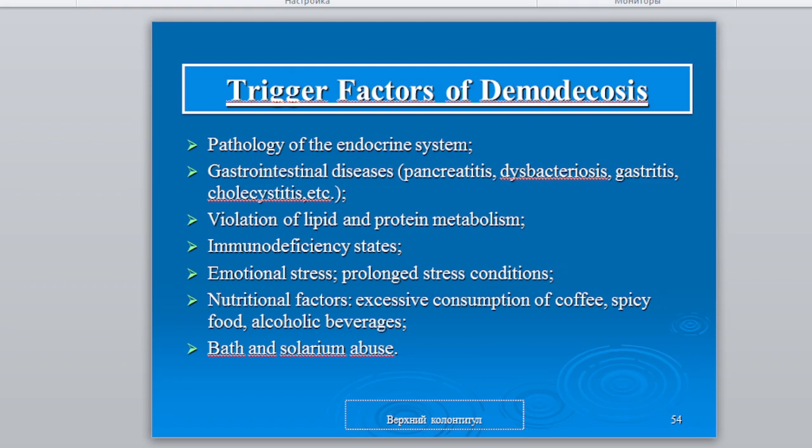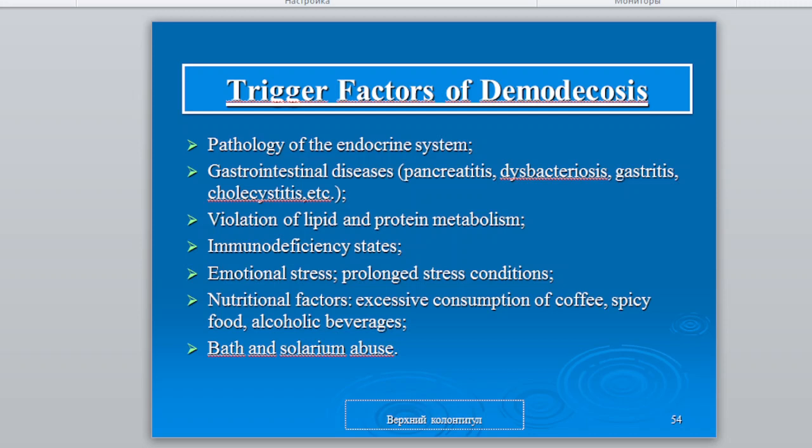Next, trigger factors of demodicosis. Pathology of the endocrine system. Gastrointestinal diseases: pancreatitis, dysbacteriosis, gastritis, cholecystitis, etc. Violation of lipid and protein metabolism.